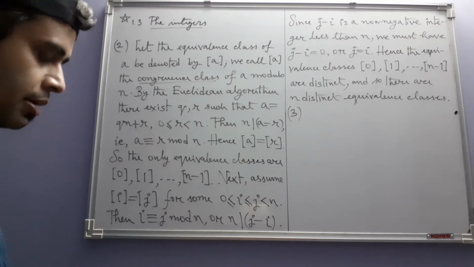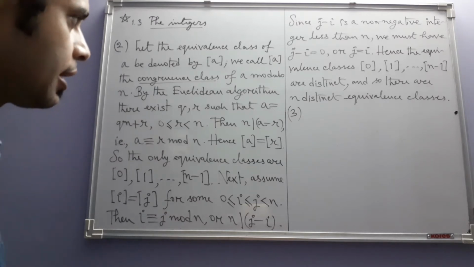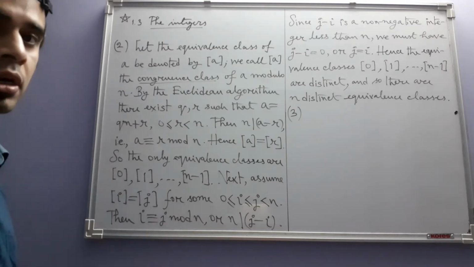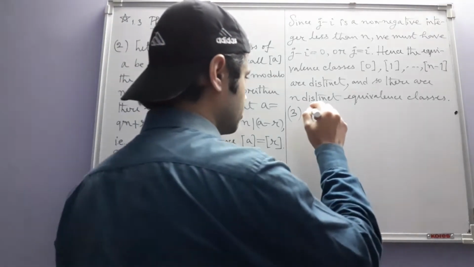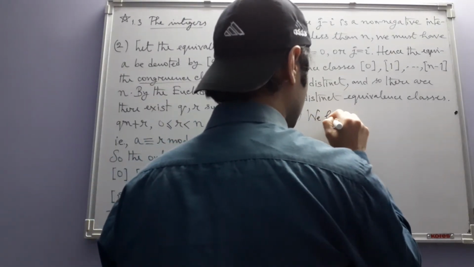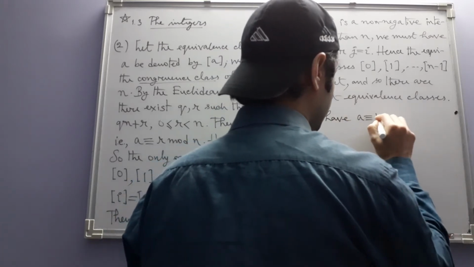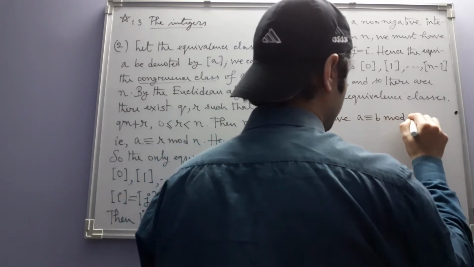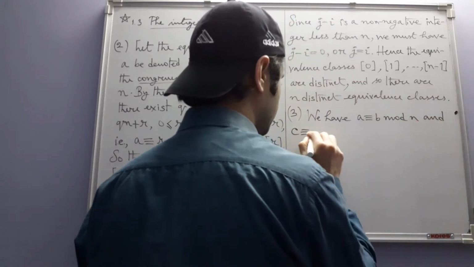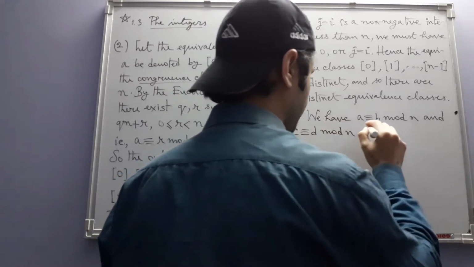The third one asks us to show two things, right? How congruence behaves with respect to addition and multiplication. So we have A is congruent to B mod n and C congruent to D mod n.